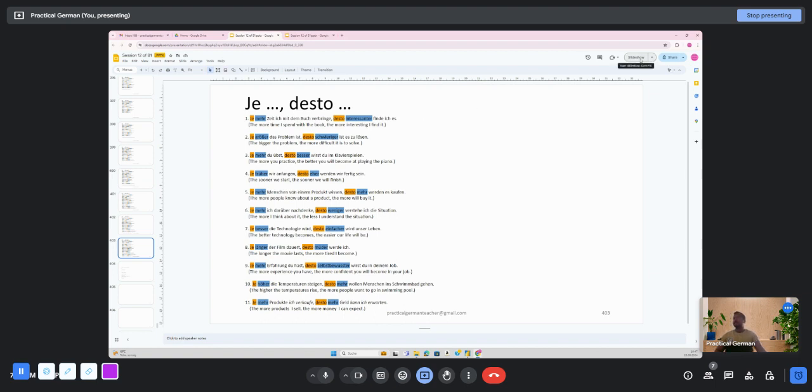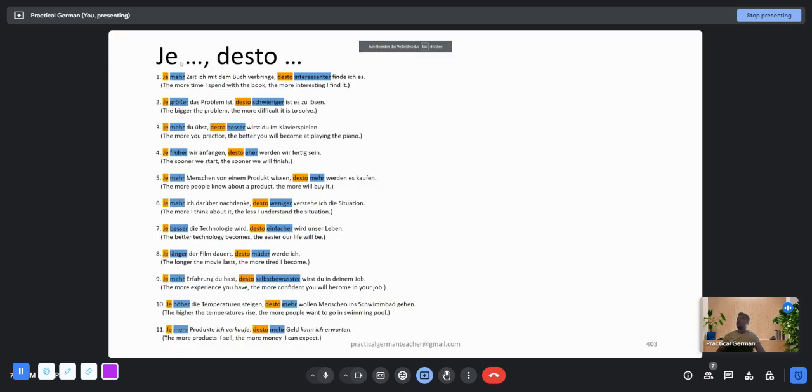So using je and desto, after je you can have a sentence, after desto you can have a sentence. But you can also just say, je mehr, desto interessanter. Je größer. Can someone read for me just the highlighted parts? Vandana, do you mind reading? Je mehr, desto interessanter.